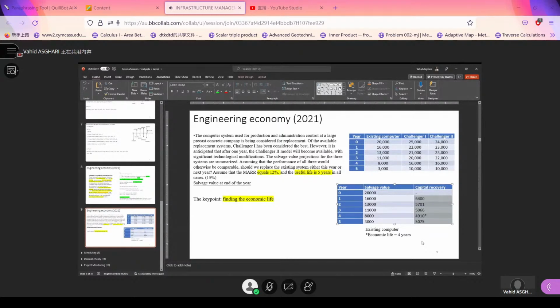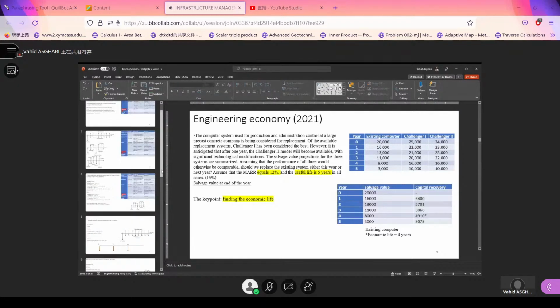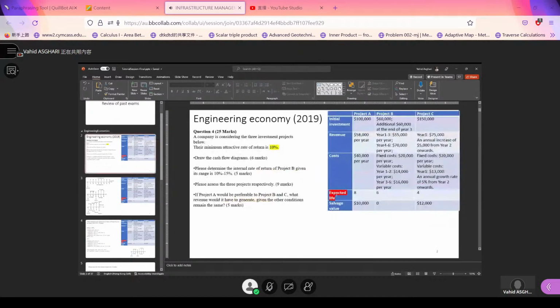Once you have the economic life, it will be the expected life of these options.